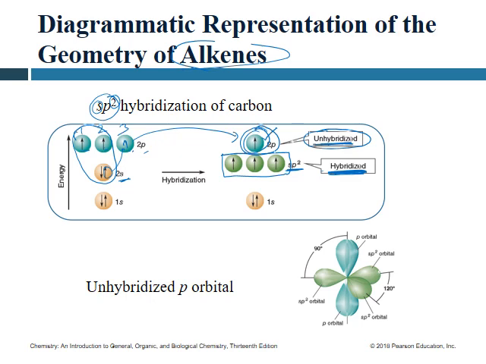So let's take an example. You have carbon, with 3 sp2 hybridized orbitals, 1, 2, 3. You have one more carbon side by side, with 3 hybridized orbitals, 1, 2, 3.